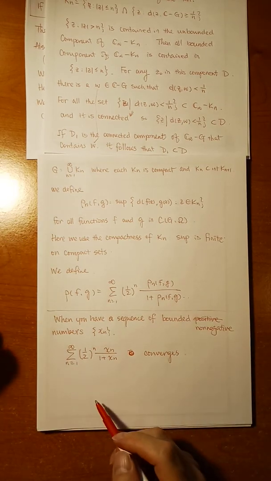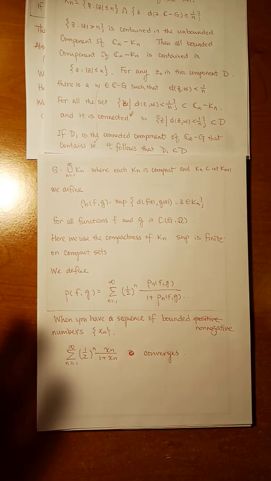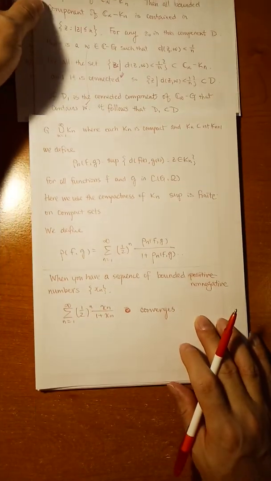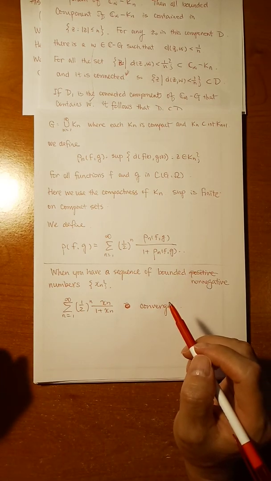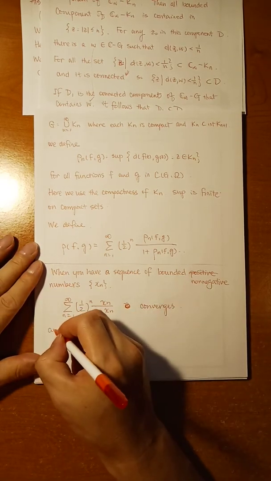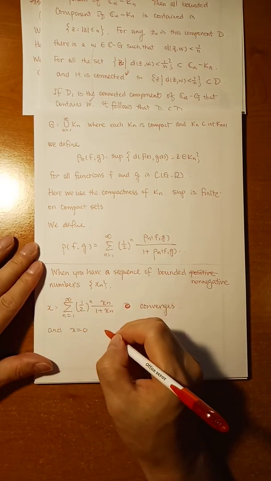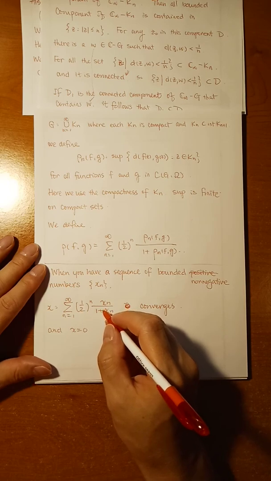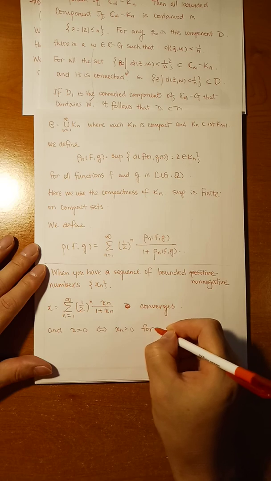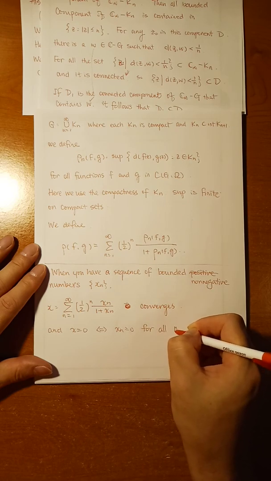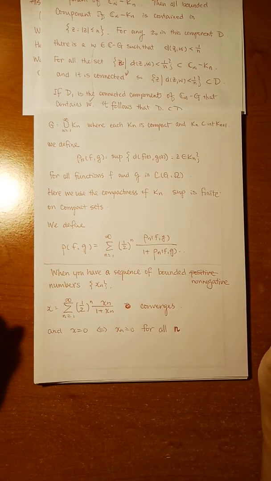Okay, it is always convergent. We can use this to summarize and to construct a number determined by all xn. It converges, and let's call it x. And x is 0 if and only if all xn are 0. If you want to get 0, then all xn should be 0.